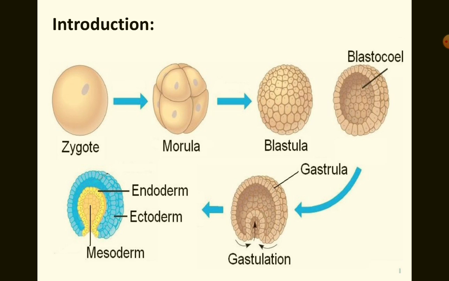In this process, the blastocoele is completely replaced by a new cavity called the archenteron. Once the gastrula has all three germ layers and the archenteron is formed, you call that the process of gastrulation.